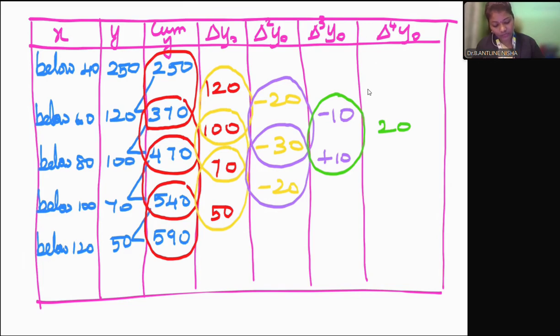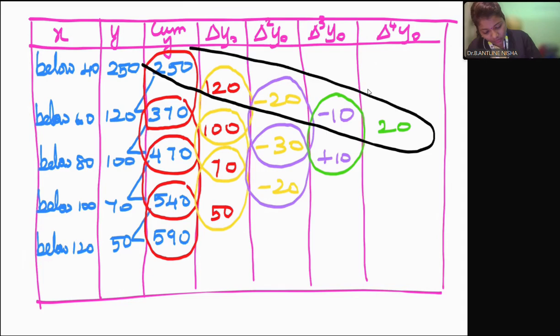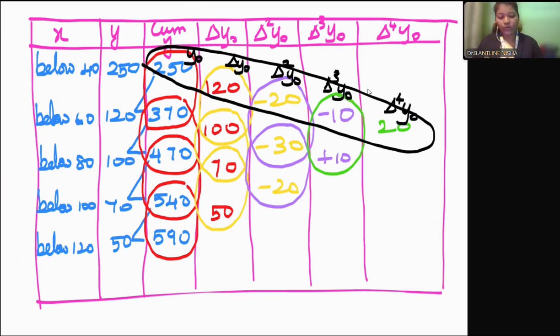After this, since we are going to apply Newton forward interpolation, we have to concentrate on these values. See, this is y naught, this is delta y naught, this is delta square y naught, this is delta cube y naught, this is delta power 4 y naught. Now take all these values and substitute in the formula.